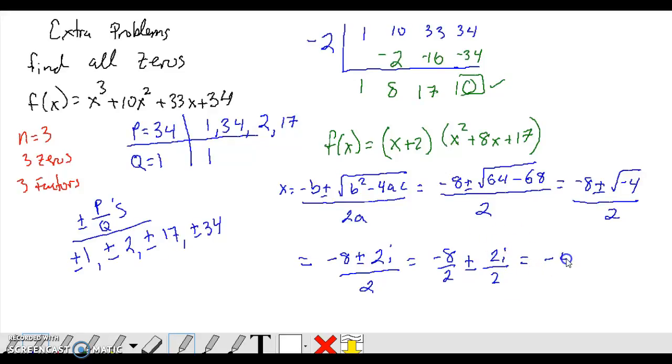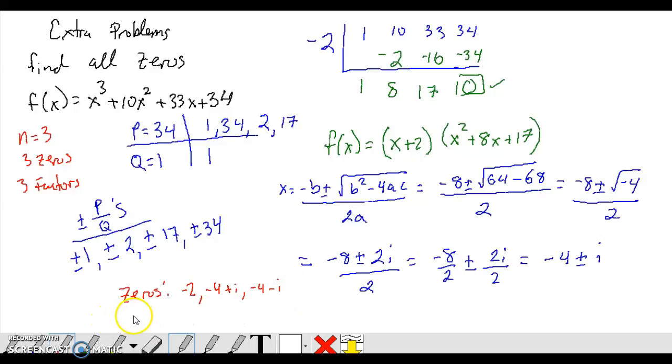This will give you negative 4 plus or minus i. So there are our other zeros. If the problem asked you to find all of the zeros, these are what you would say: negative 2, negative 4 plus i, and negative 4 minus i.